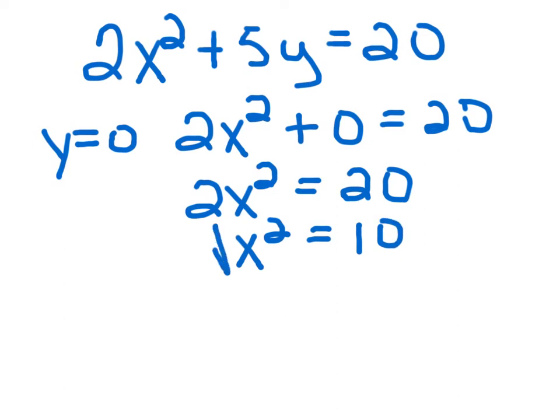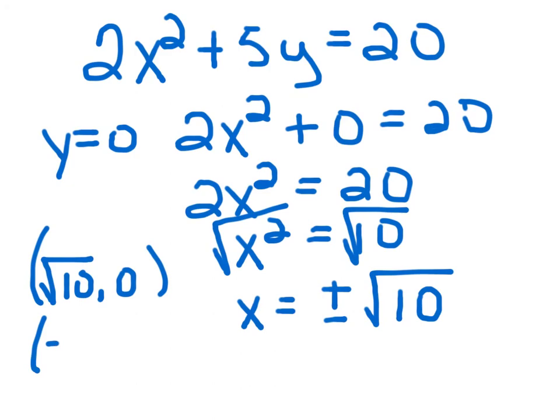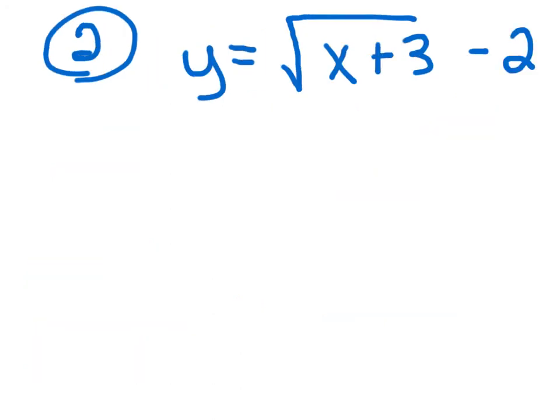Take the square root of both sides, and x is going to equal the positive and the negative square root of 10. You could get that decimal on your calculator, but simplest radical form is fine also. So that would mean your two intercepts are (radical 10, 0) and (negative radical 10, 0).